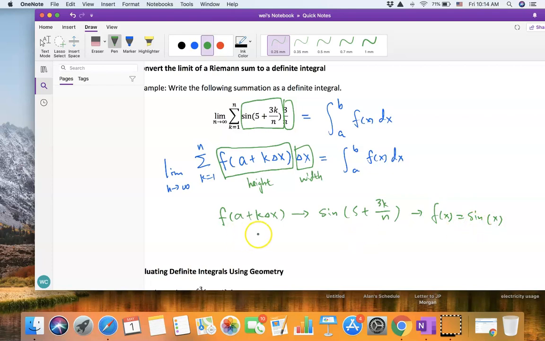Okay, and then since f of a plus k times delta x is equal to sine of pi plus 3k over n, that means this piece is equal to this piece.